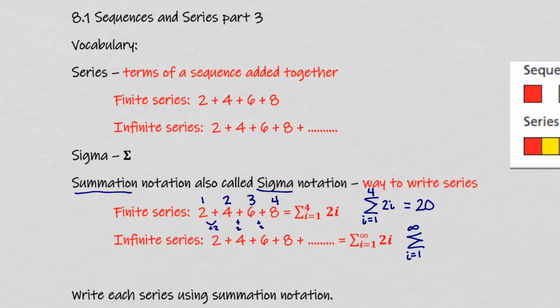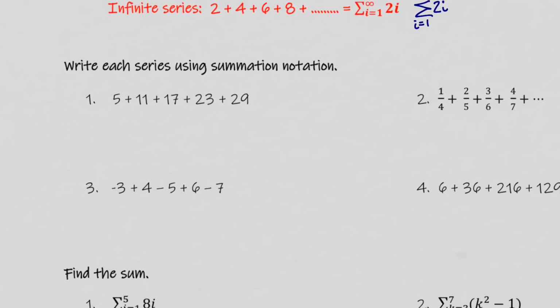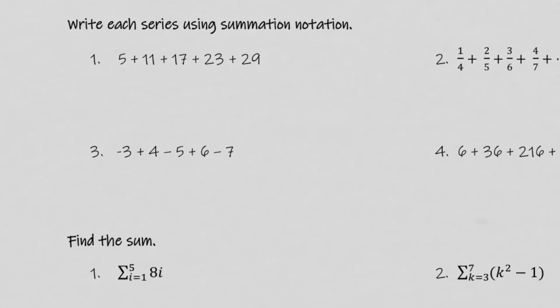You have to pay attention on some of these where you're finding the sum, because it might not start at the first term. So you start with whatever number's down here, and you end with what is up there. And then this one was a 2i. Okay. But I can't actually find the sum of that without using some kind of equation, and we're not doing that in 8.1. But let's write the summation notation for a couple of these.